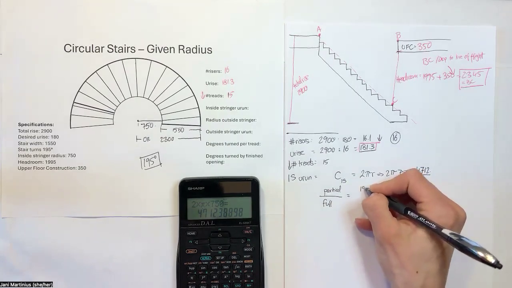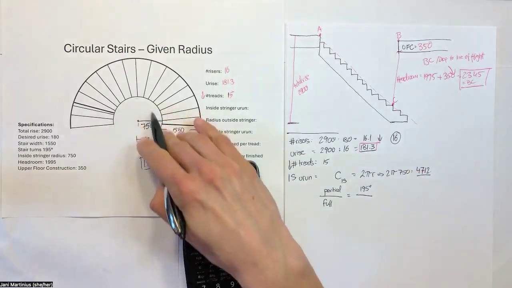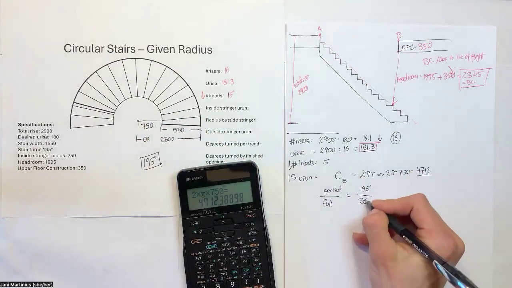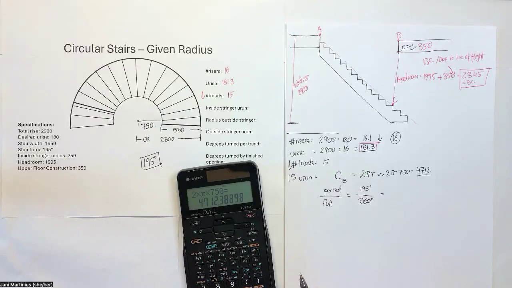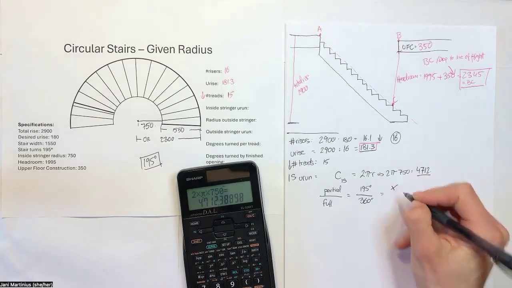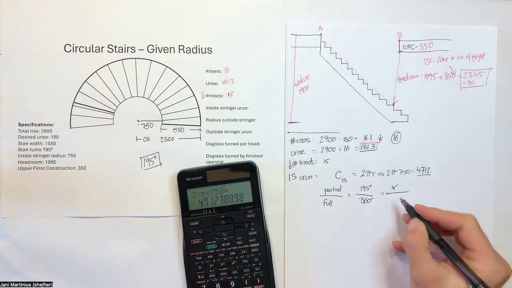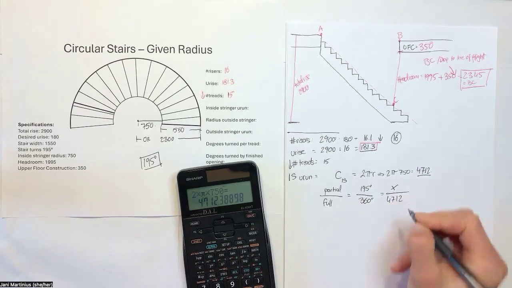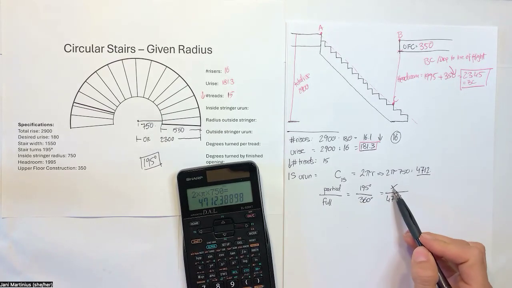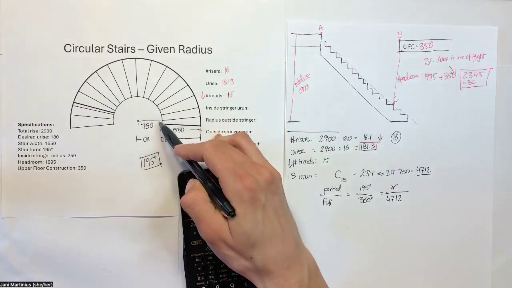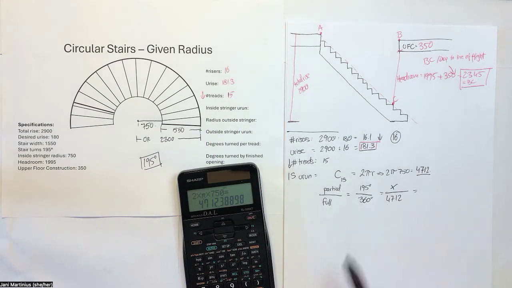Our partial is 195 degrees of the stair over 360, the full circle. We just figured out the circumference of the full circle, so this way we can figure out how long this is of just 195 degrees. So ratio and proportion, cross multiply and divide.